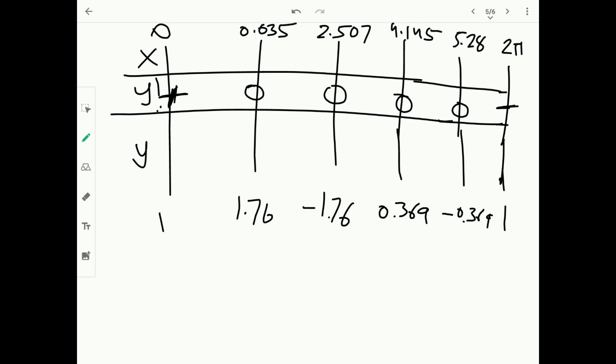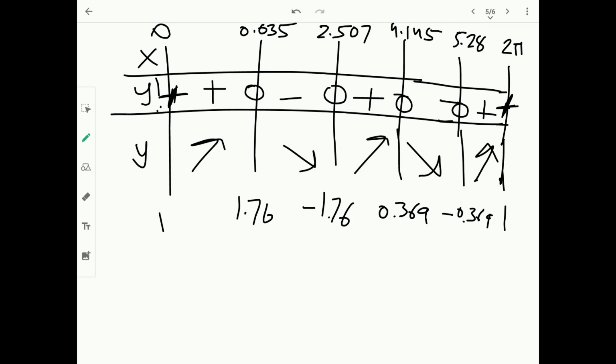So during 2 pi it's going up, and during 0 is also going up. Now this is plus, this is minus, this is plus, this is minus, and this is also a plus. So it's going up, down, up, down, up, right?